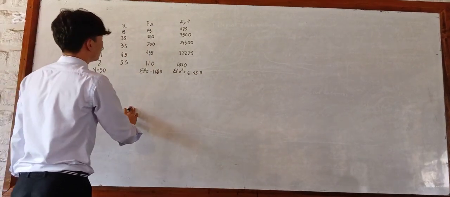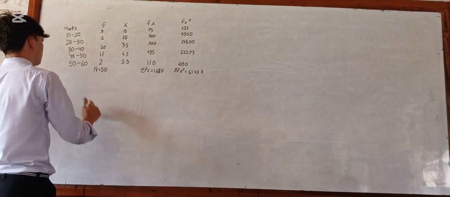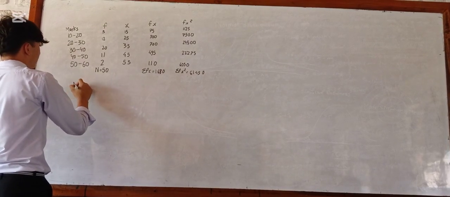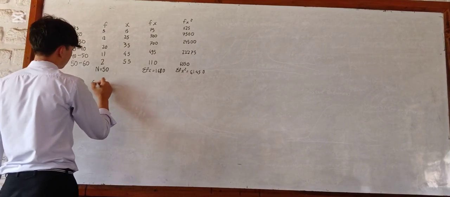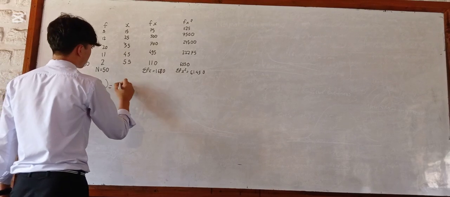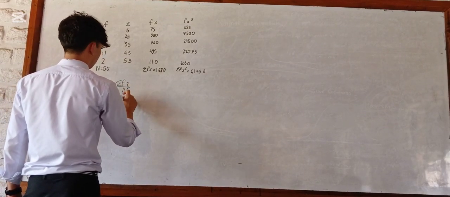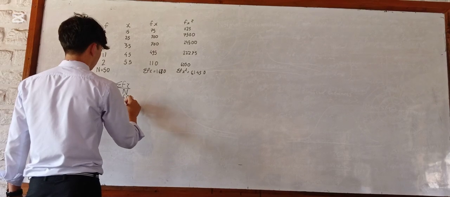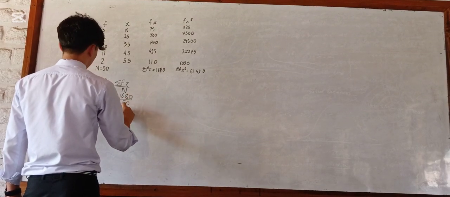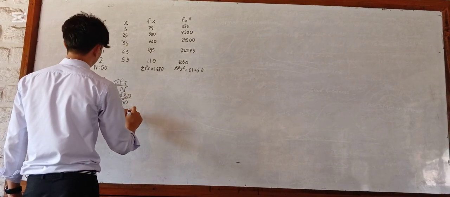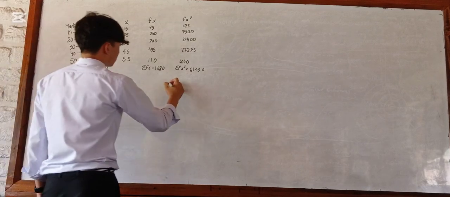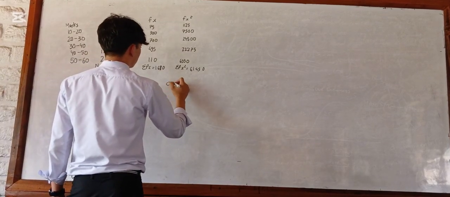And after finding fx squared and fx, we can find mean x bar. Mean x bar formula is summation fx by n. And the mean is 43.6. And similarly, we have to find standard deviation sigma.